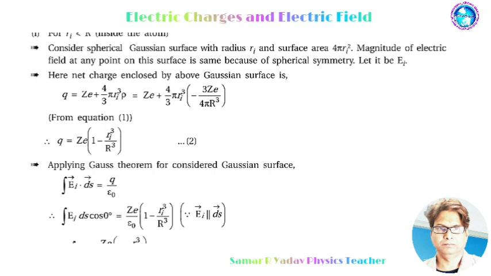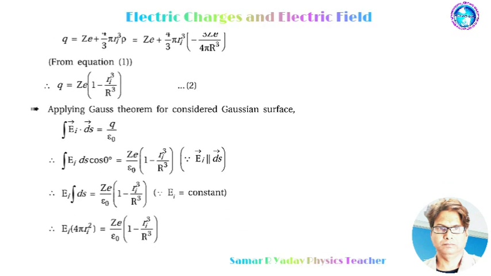From equation 1, small q is equal to capital Ze in bracket 1 minus ri cube upon capital R cube. Equation 2. Applying Gauss theorem for the considered Gaussian surface, integration of vector Ei dot vector ds is equal to q upon epsilon 0.